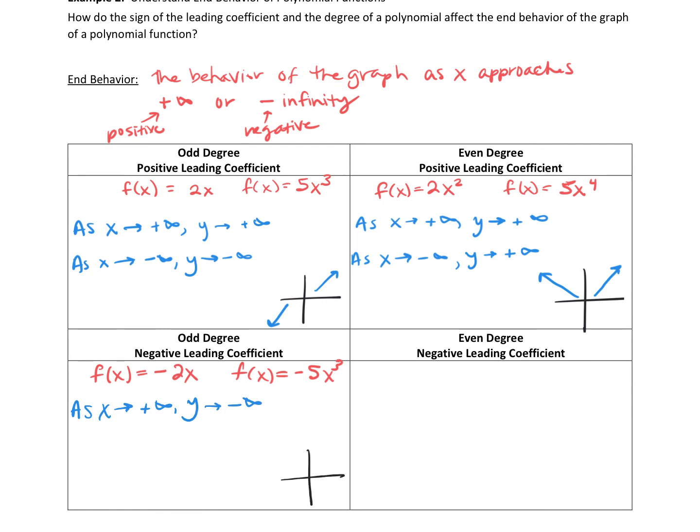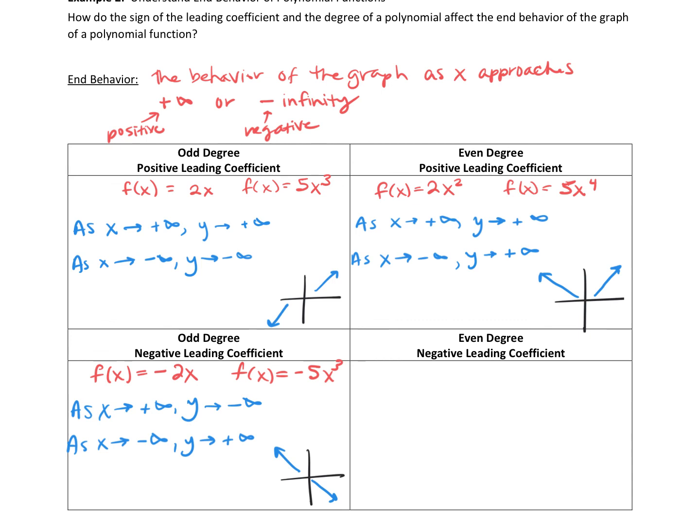So a little sketch of that tells us that our graph is going to be going down in some way on that end behavior. As x approaches negative infinity, the left side of your graph, the y's are going to approach a positive infinity. So it's going to be going up on the end. Again, different things are happening in the middle here, depending on what your function is, but I know in the end, this graph will be heading down in some way on the right and up in some way on the left.